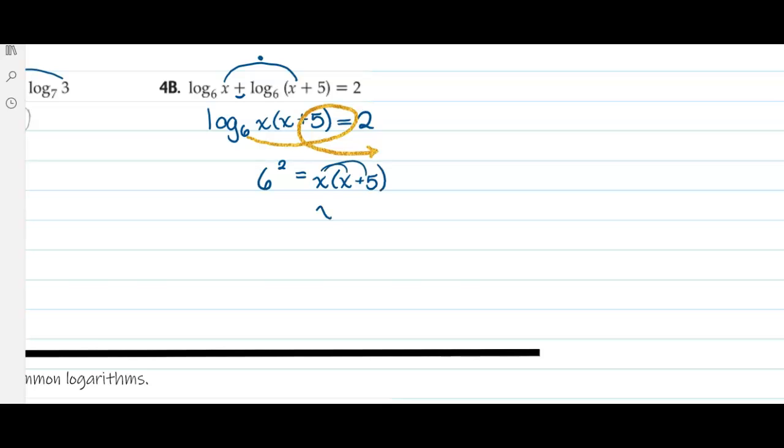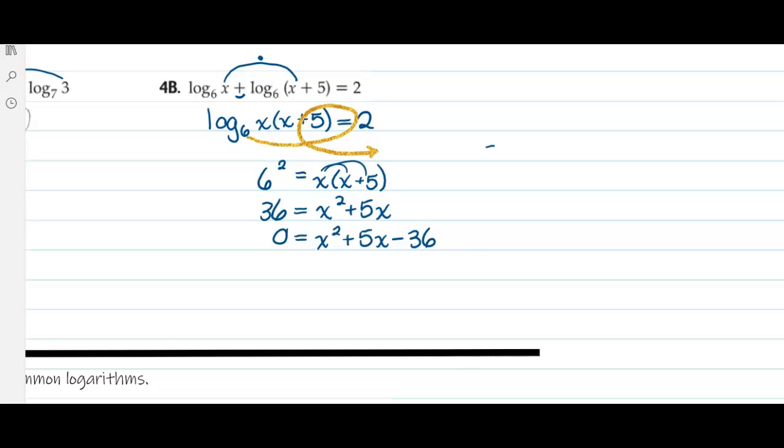Distributing the x, x squared plus 5x. Simplifying on the left, I get 36. Setting it equal to 0 by subtracting 36 on both sides.